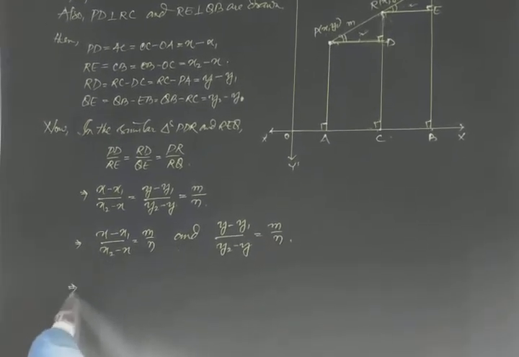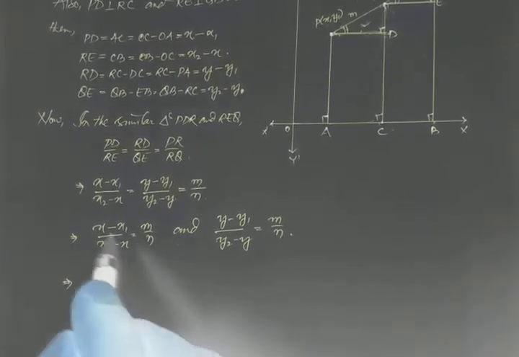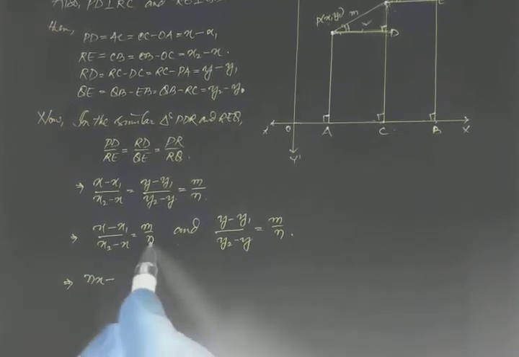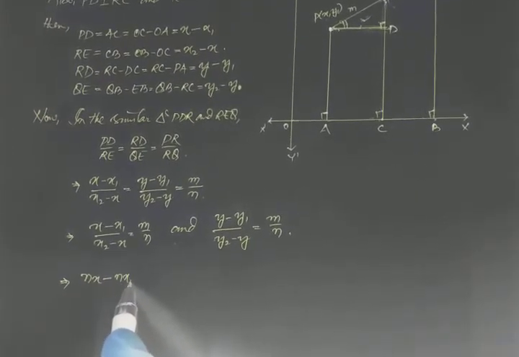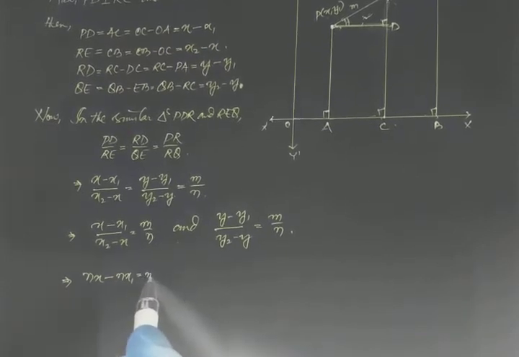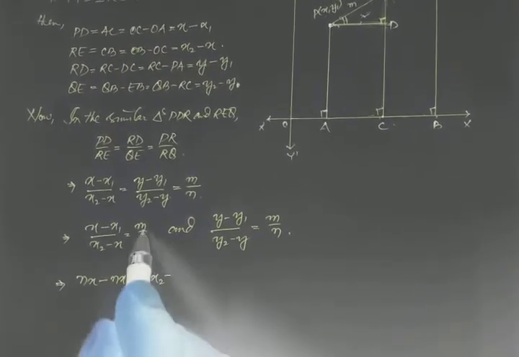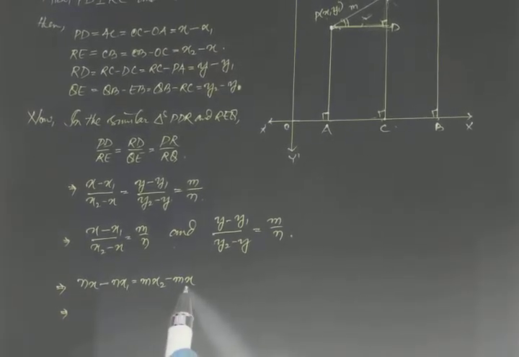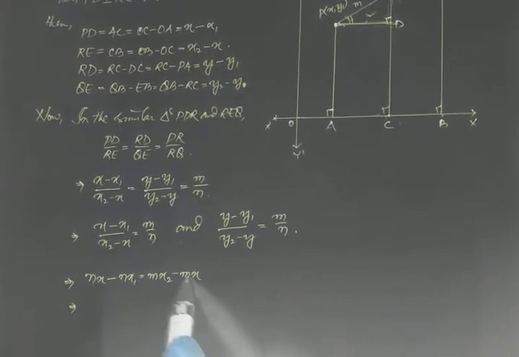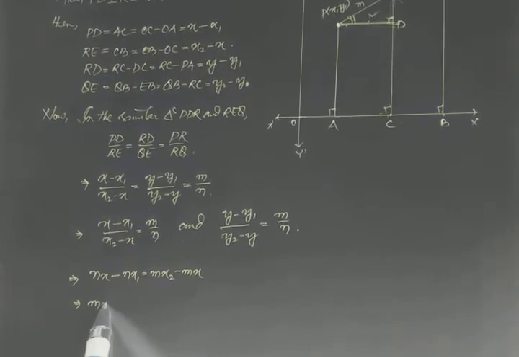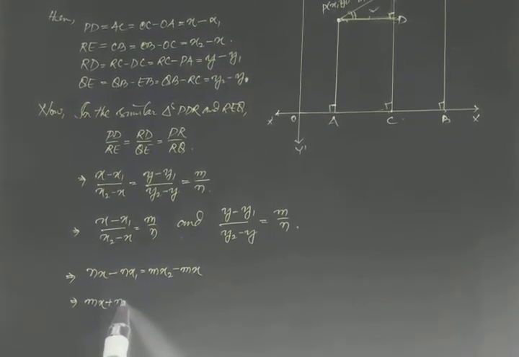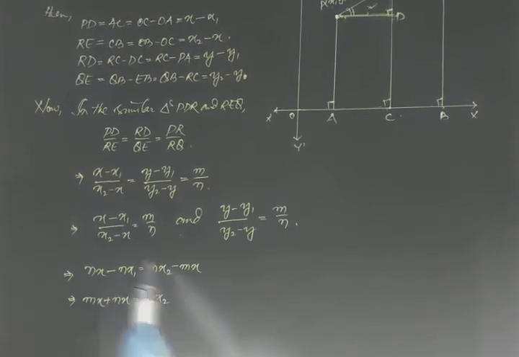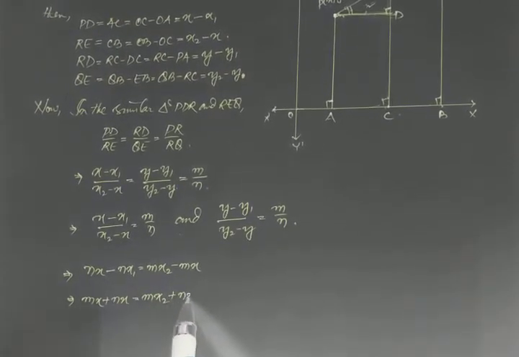Now separating these two, we get on cross multiplication, n into (x minus x1), nx minus nx1, equals m into (x2 minus x), mx2 minus mx. Now putting both the x together, transposing this to the left becomes positive, mx plus nx, which is equal to mx2, putting this to the right, plus nx1.